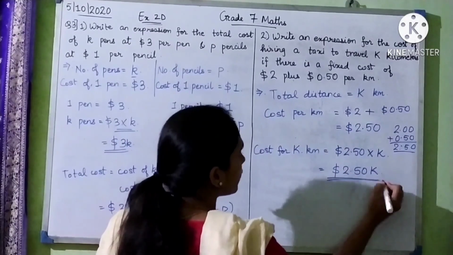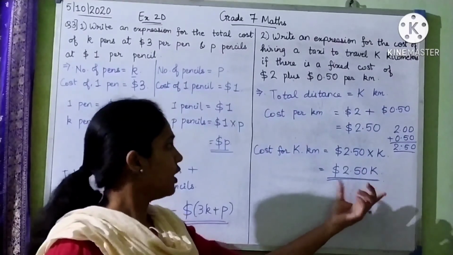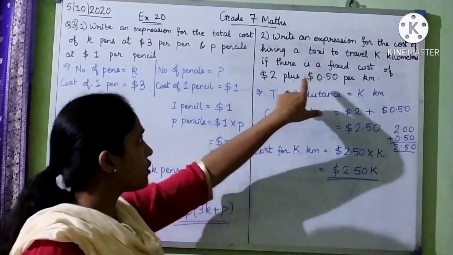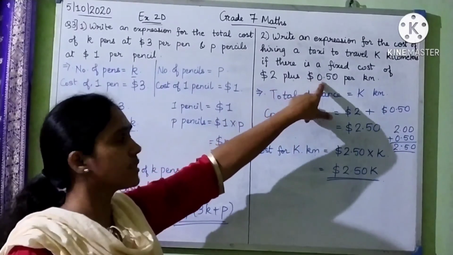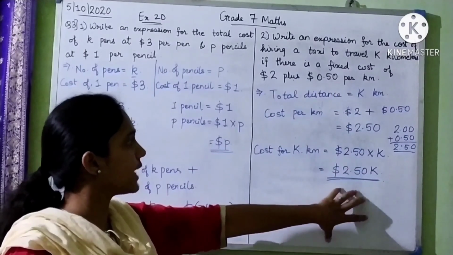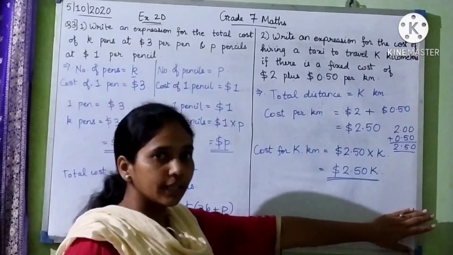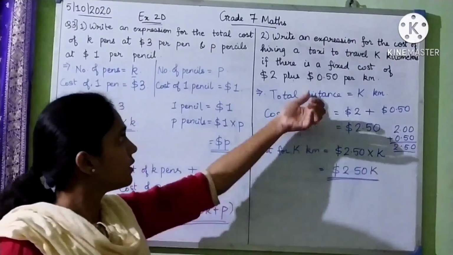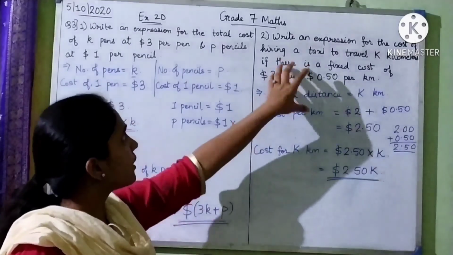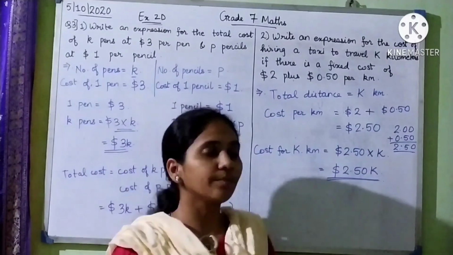We don't know the value of K, so we keep K as it is. So this much is the cost for traveling K kilometers at the cost of $2 plus $0.50. So the total cost, how much does he have to pay? He has to pay $2.50K to the person who is taking him by the taxi. Okay, so this is the last sum.